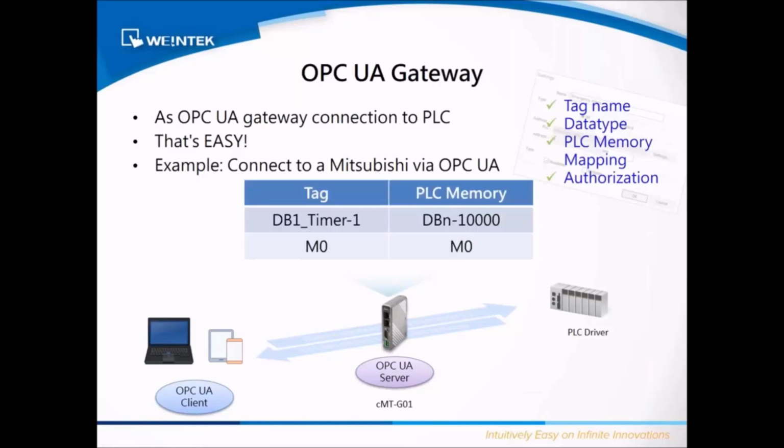Okay, and then I'm going to give you a short demo about the OPC UA Gateway, and you can see on the screen it is easier for users to understand that this is a timer, and this is the original way to access the data.